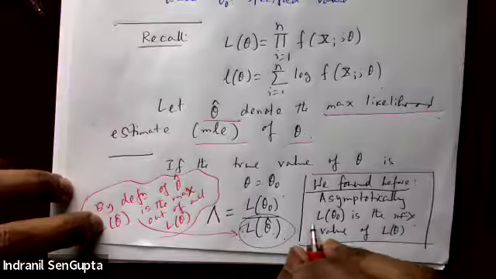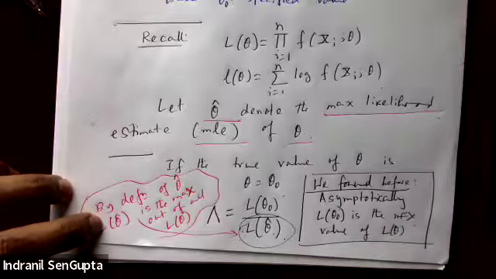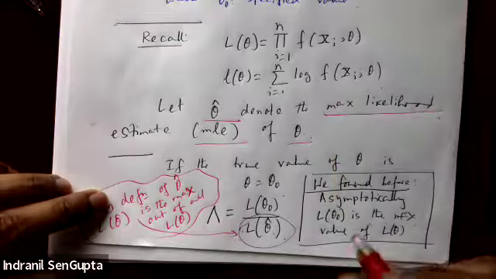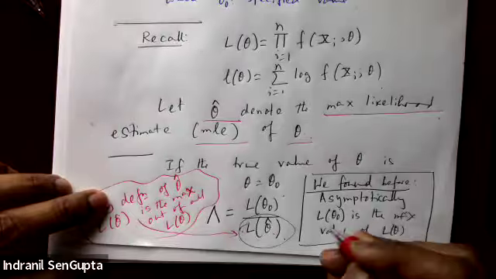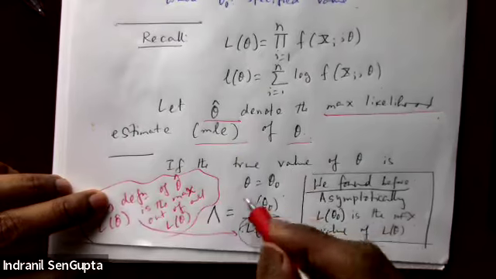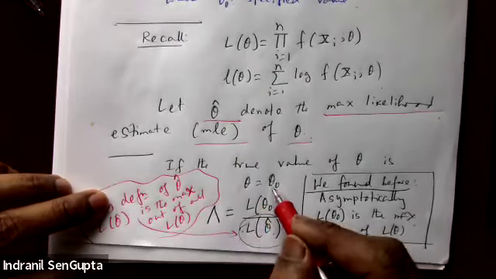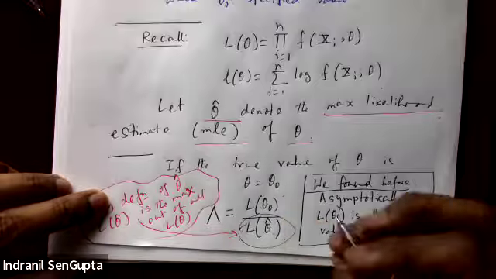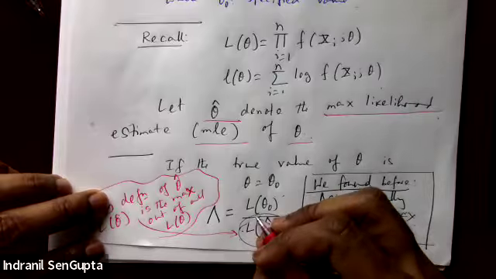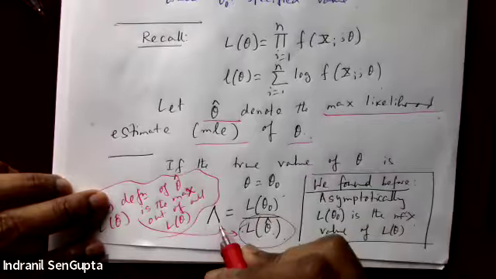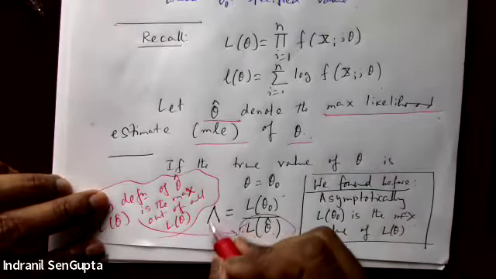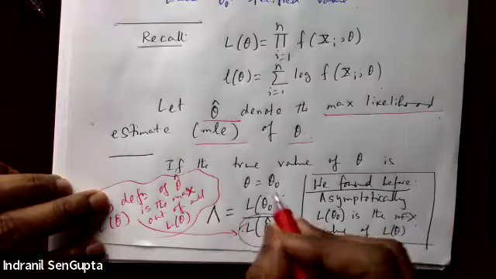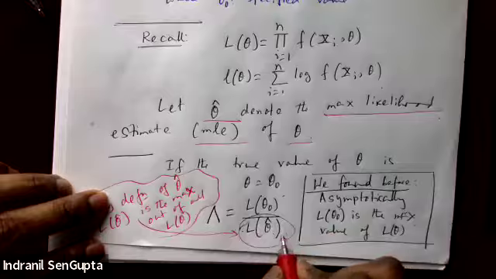However, if H0 is true, meaning that we have the value of theta to be theta 0, then this lambda should be closer to 1, right? Because this quantity should be very close to this one.